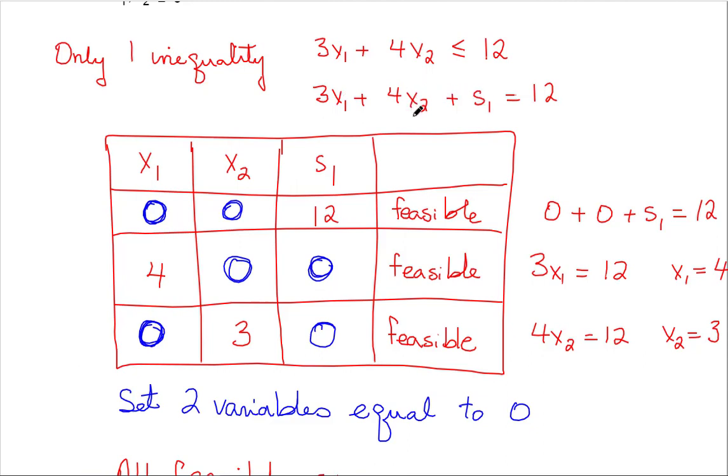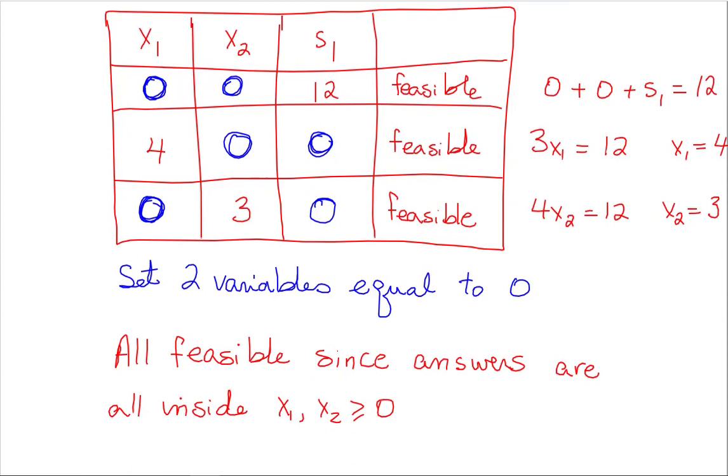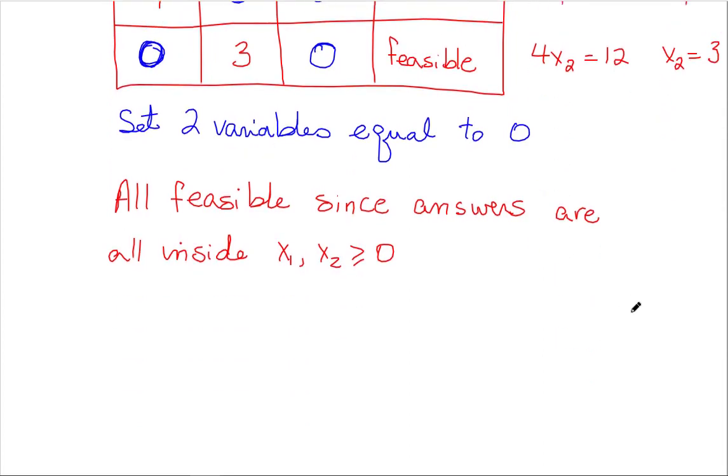So for x2, I get that that's equal to 3. Now, what's this feasible business? Well, feasible means that each of the items is greater than or equal to 0. The s's have to be at least 0. Remember, we're trying to add something to bring it up to a certain amount.